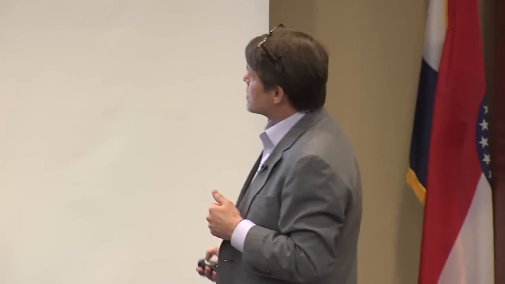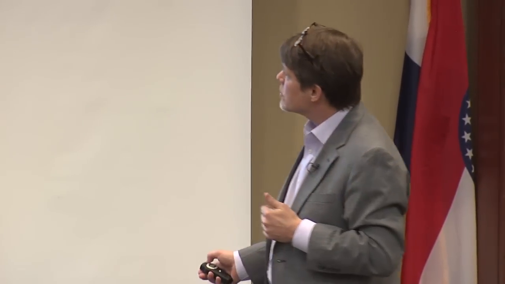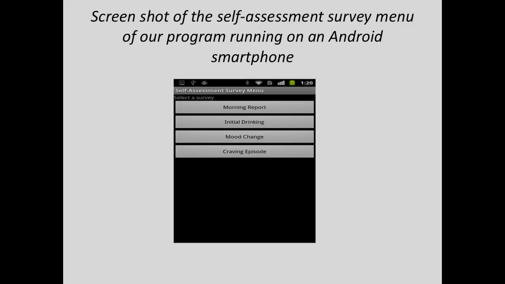And in this one project that we're just starting up, we're looking at craving. We're looking at emotion dysregulation, craving, and alcohol use. And so you can see on the person's smartphone that we give to them, or assign to them, I should say, in the morning, they can fill out a morning report on what happened last evening.